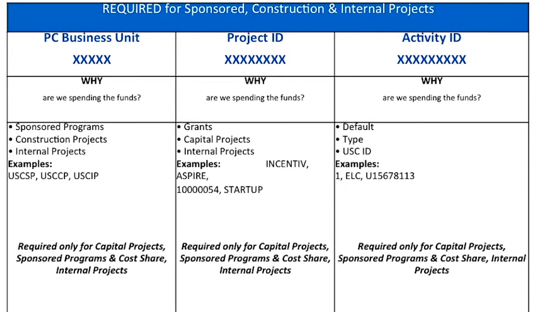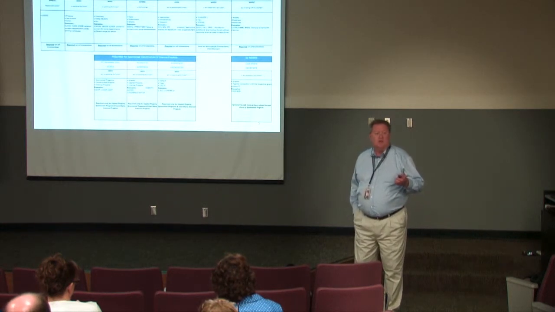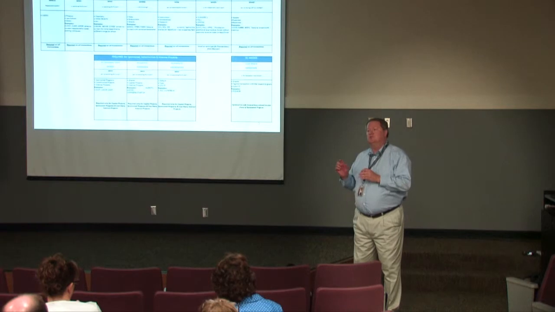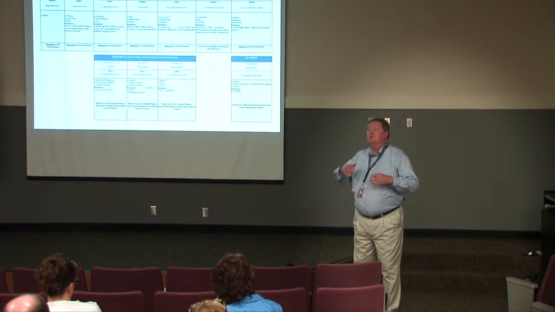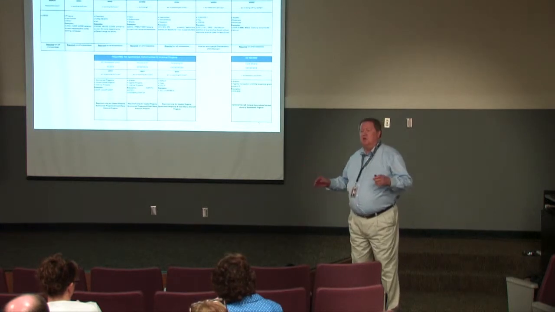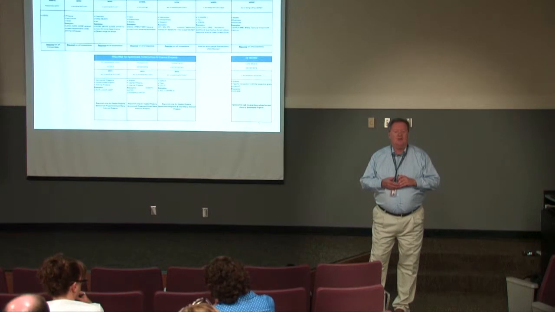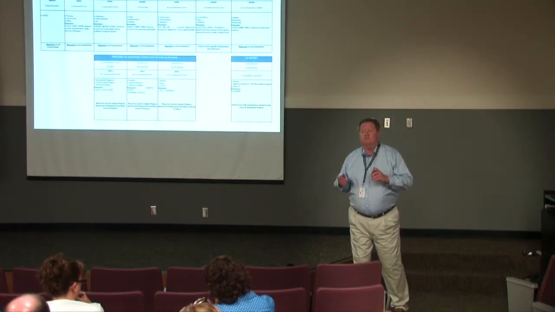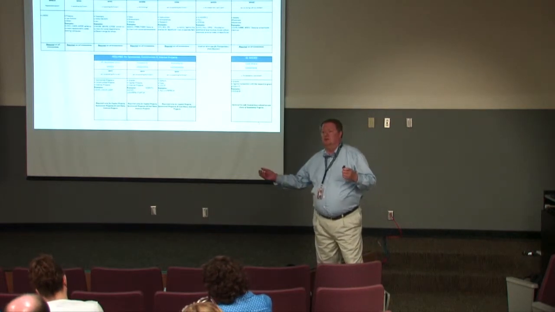Startups, incentives, Magellans, basically where professors get money to start up their labs, where it's an incentive to come to the Aiken campus, and the money is given to the professor for the first 2 years, could be first 3 years, could be 5 years. But internal projects are basically going to be anything where you can figure out there's a start date and then there's an end date.